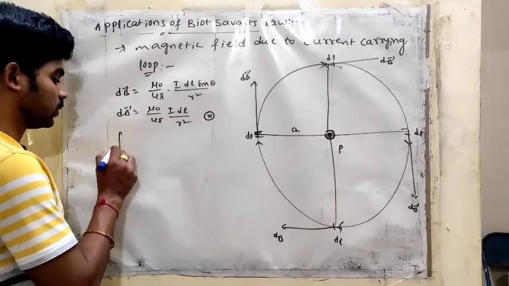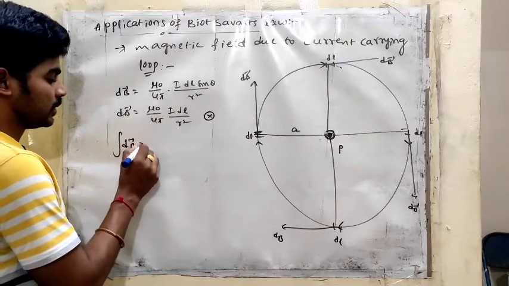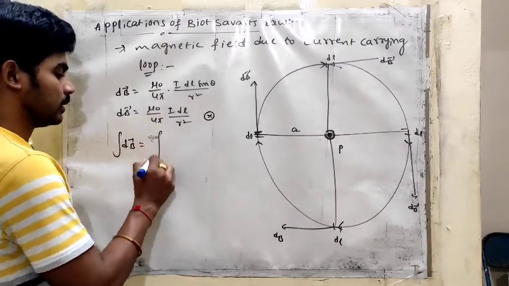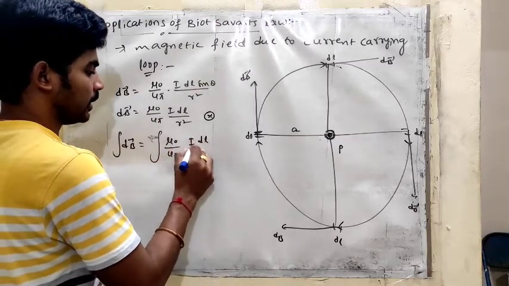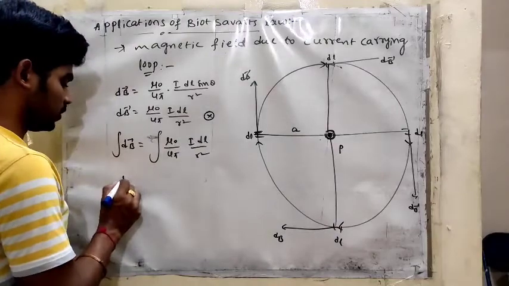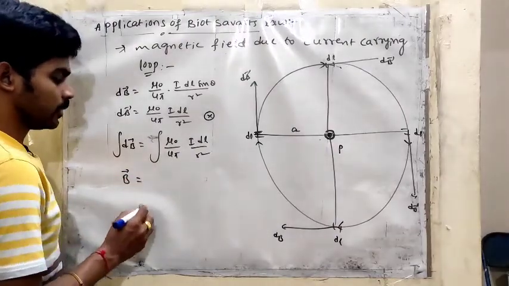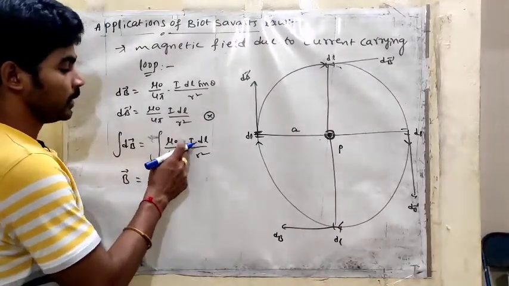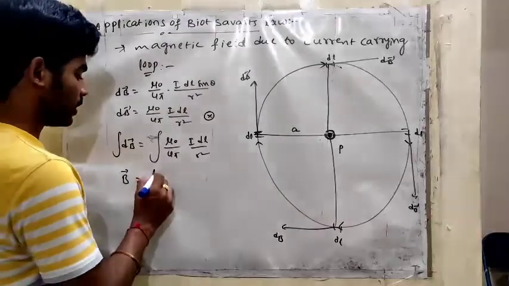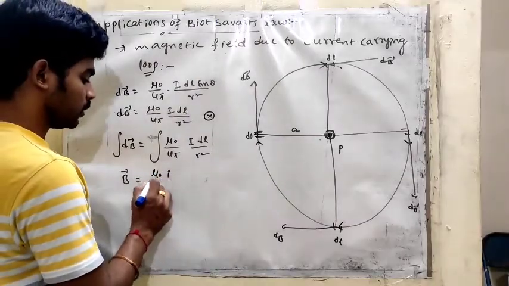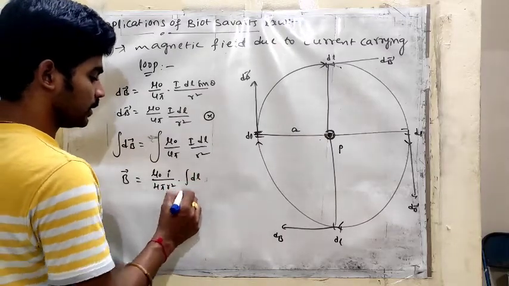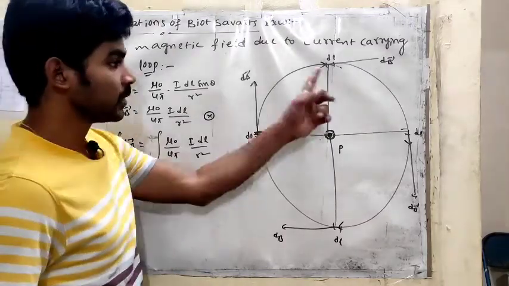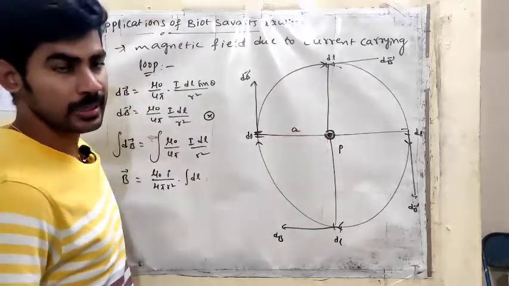What can we do? Integrating on both sides, integral dB bar is equal to integral of mu naught by 4 pi, I dl by r square. Integral dB means the net magnetic field B bar. Mu naught by 4 pi, I by r square is a constant, common. The integral of dl is the circumference of the total circle, 2 pi r.